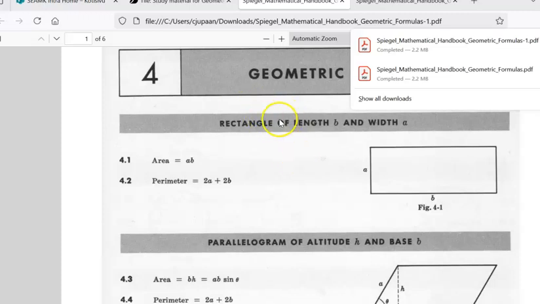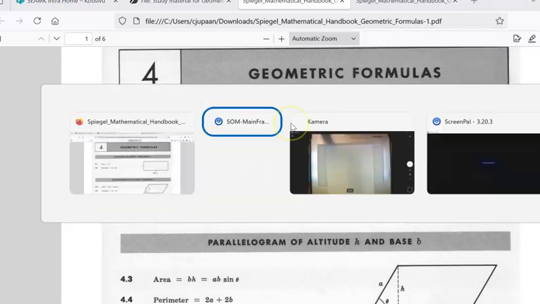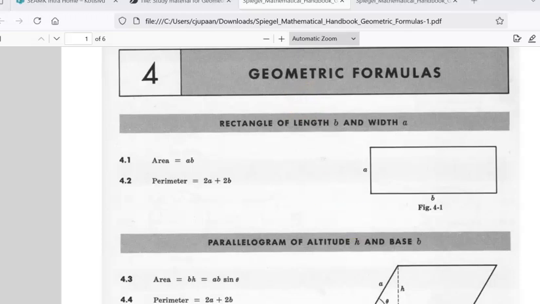But I will not show it from the Moodle, but let's show. Here probably it will work.